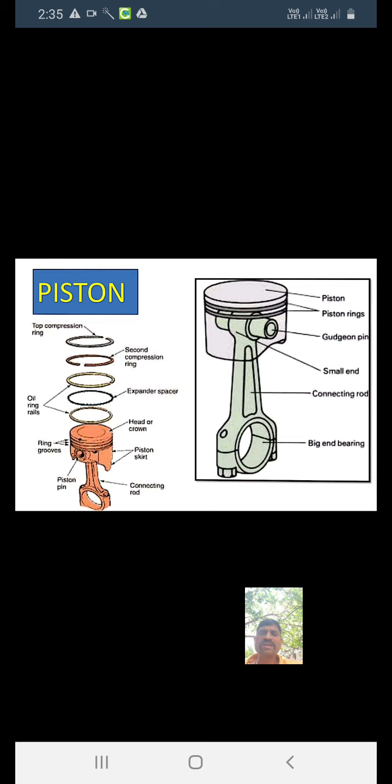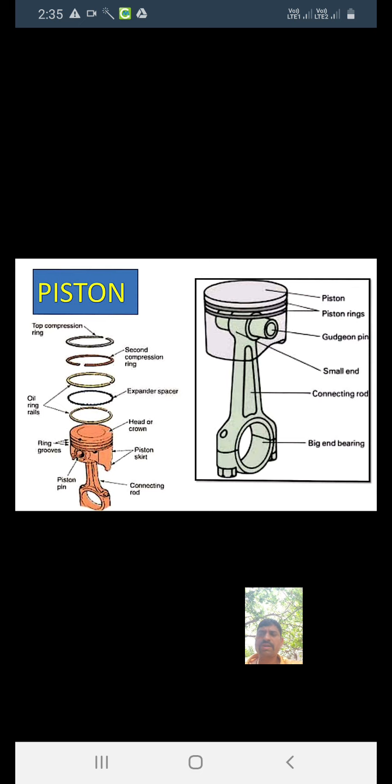Ribs act as a stiffener for the piston head and piston skirt. Between the piston head and piston skirt, we use the stiffener, also called the reinforcing rib. Then next is the piston pin, also called the gudgeon pin.